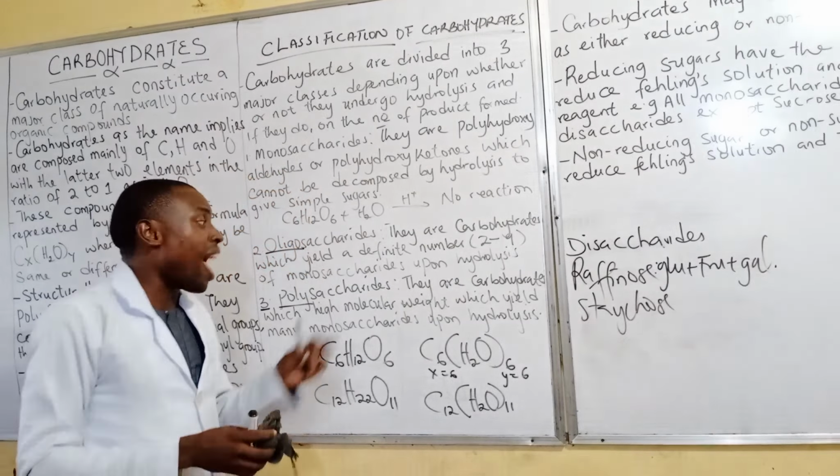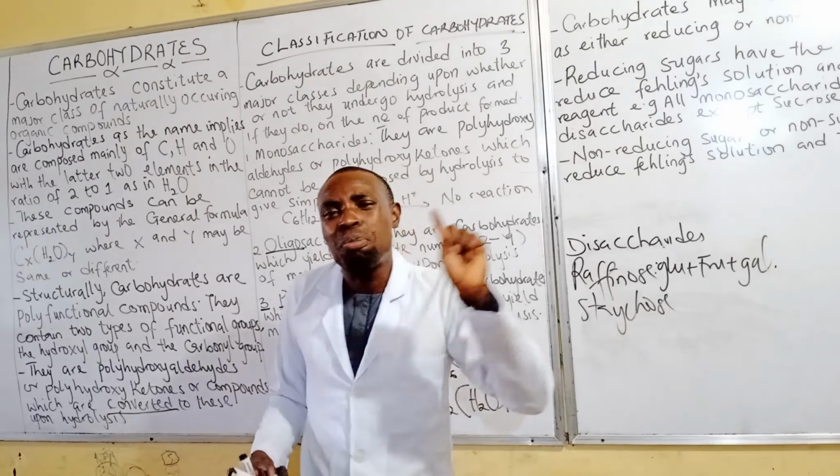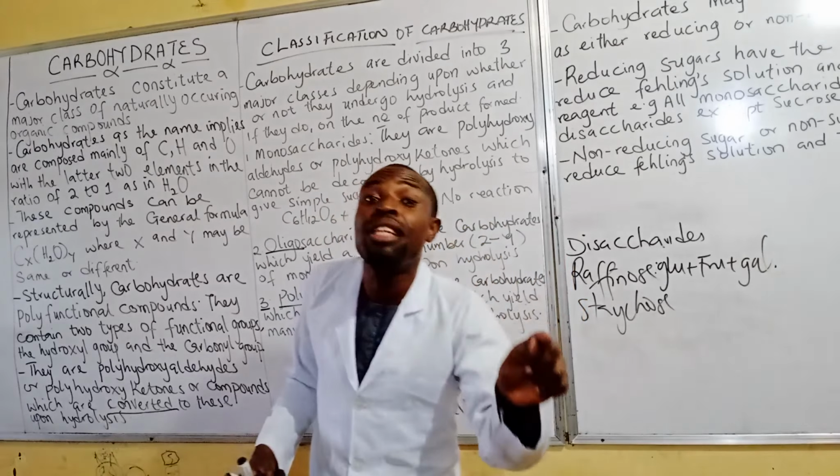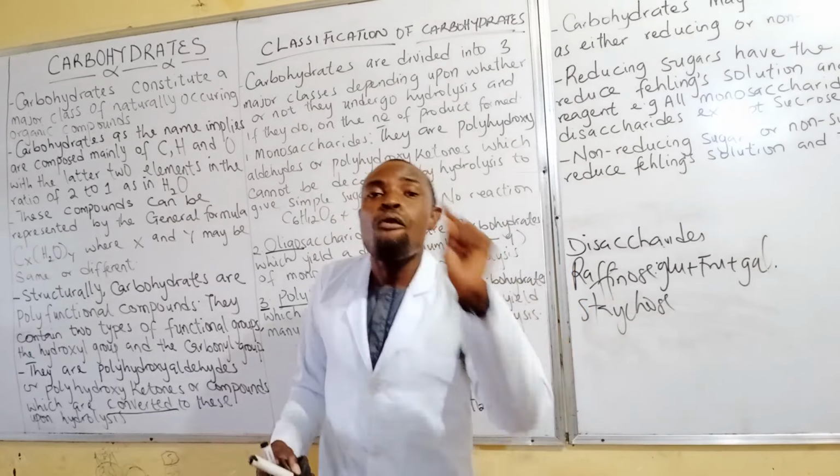We should not forget that starch and glycogen are the storage carbohydrates found in plants and animals respectively, while cellulose and chitin are structural polysaccharides. Cellulose is found in plants.